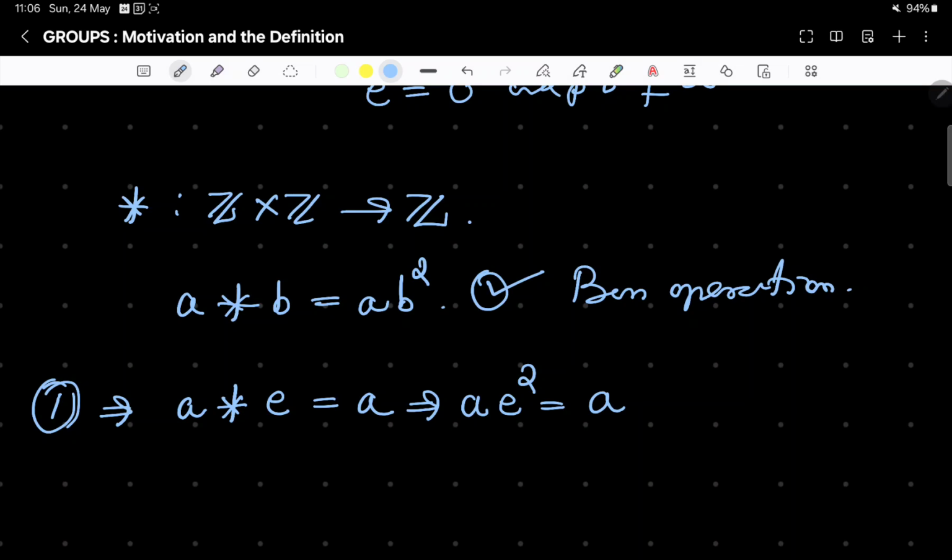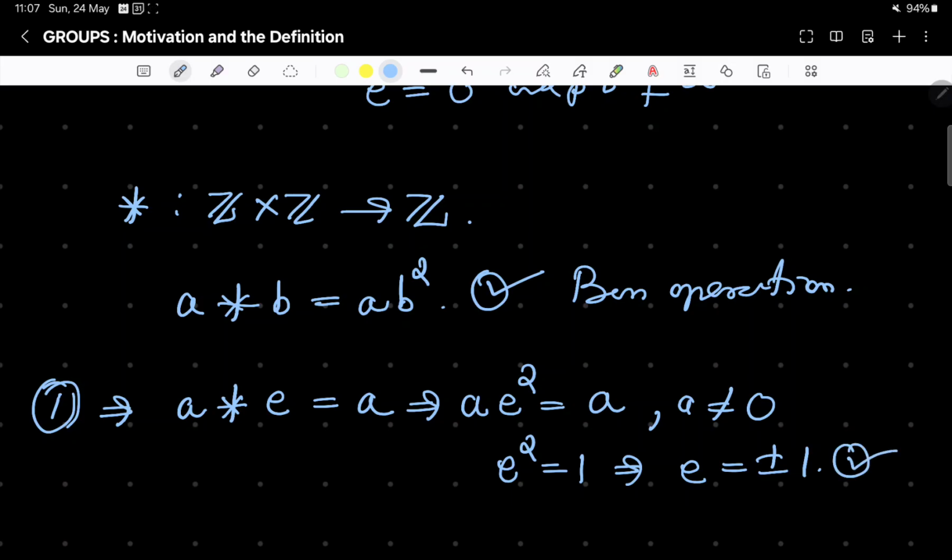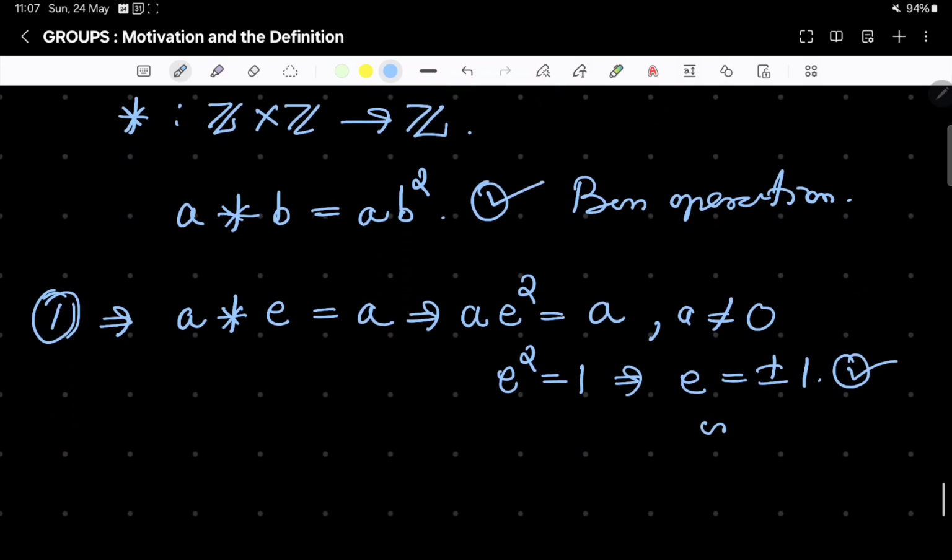Surely I cannot solve it if A is 0, so I assume A not equal to 0. Then I can cancel, so E square will be 1. So E is equal to plus or minus 1. Surely it is independent of A because it is a constant.